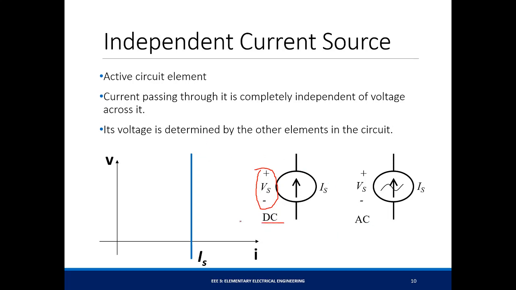So when we say DC, it's a constant voltage or a constant current, which is different from AC. We'll discuss more on that later in the semester. So let's just focus more here on DC. So again, regardless of voltage across this element right here, it could be negative voltage or positive voltage, the current stays the same. So the current is constant at the value Is.